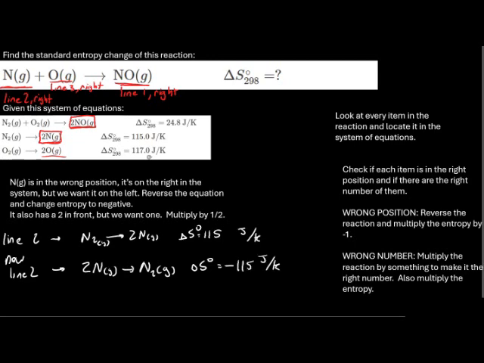But also, we're going to multiply everything by 1/2. As I said before, this includes the entropy value. Therefore, our new line 2 will now be 1/2 times 2, which is 1 nitrogen gas, yields 1/2 N2 gas, and our delta S standard will become -57.5 joules per Kelvin.